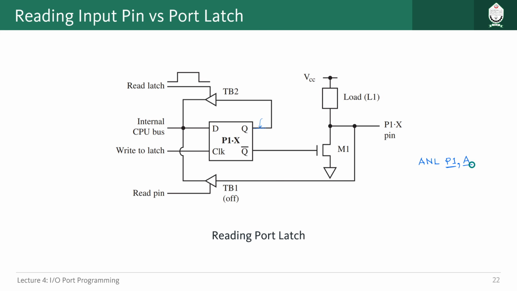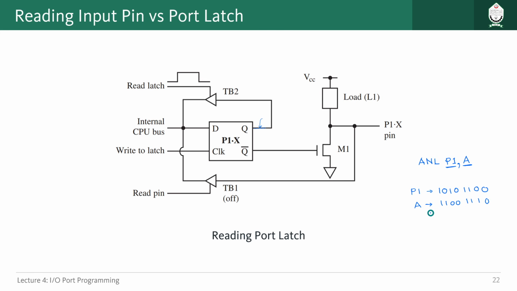That value and the value we have stored in register A will be combined in such a way which is like bitwise AND. So let's say for example P1 is giving a value like 1010 1100, and in register A we have saved something like 1100 1110.